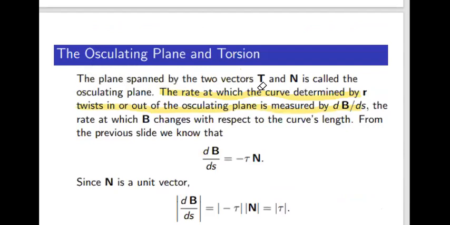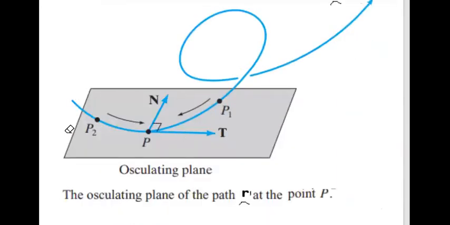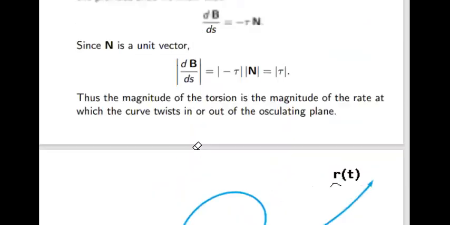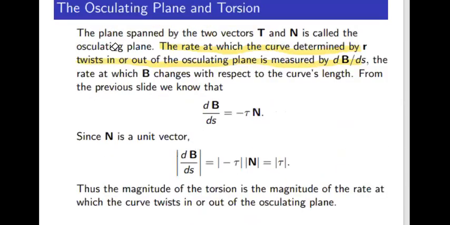So look at this. The plane spanned by T and N is called the osculating plane, as I said before. Using N and T, you can write any point on this curve on this plane, so that's why we say this plane is spanned by T and N. They give it a name.